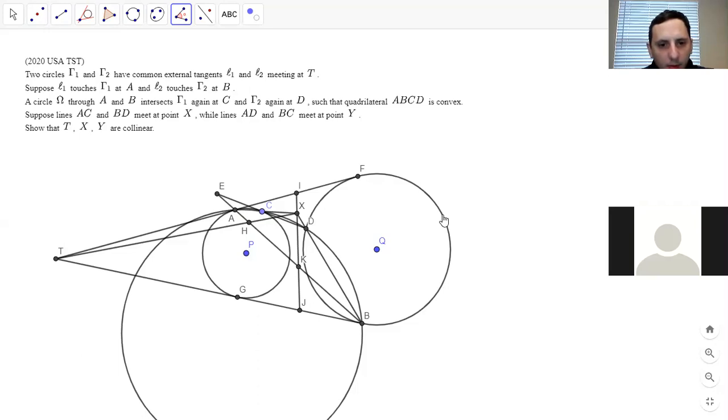But maybe, I don't know if triangle ACH and KJB are similar. No, I don't think so. Let me check. Actually, I'm not sure that's not the case.